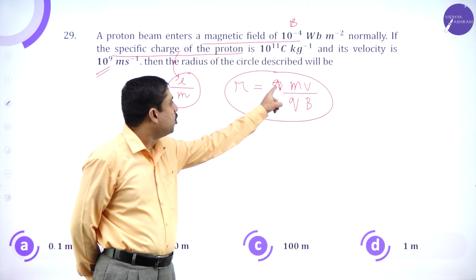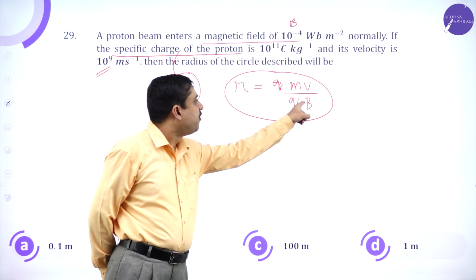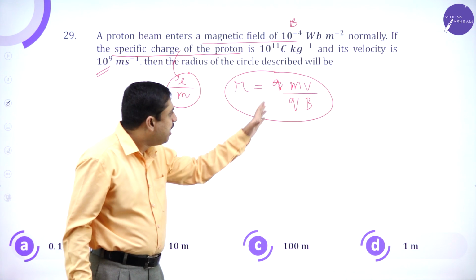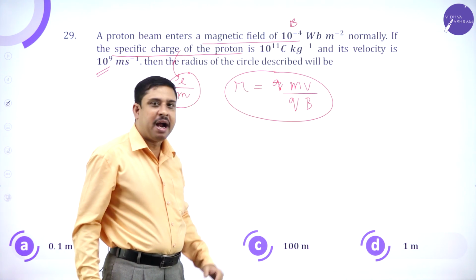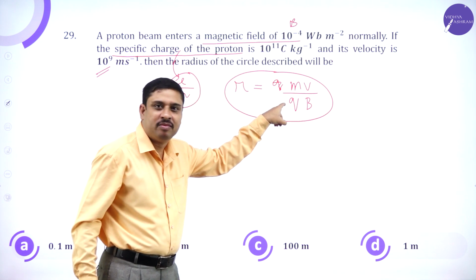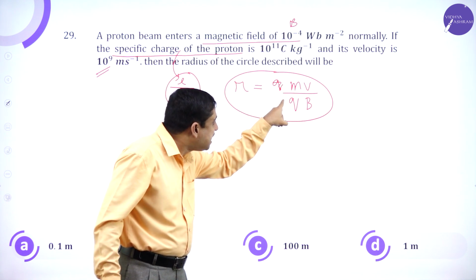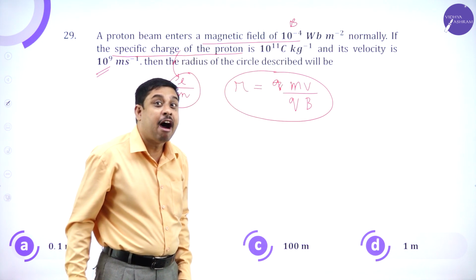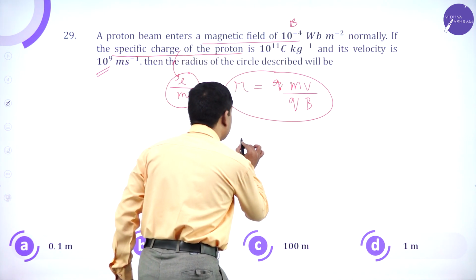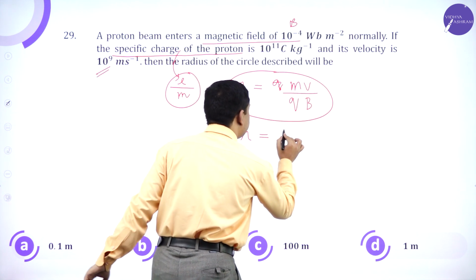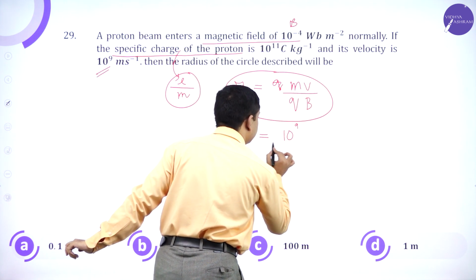Radius of the circular path is MV divided by QB. This is M by E, mass by charge, but what we have been given is charge by mass. So R is, velocity is known, 10 power 9.